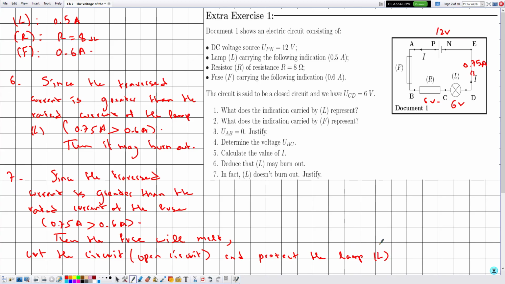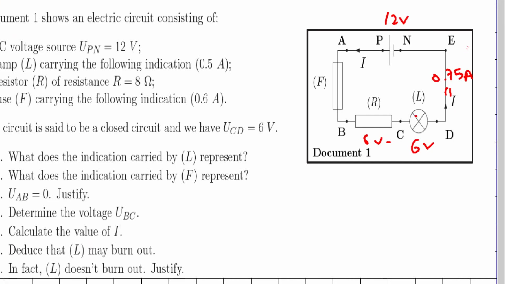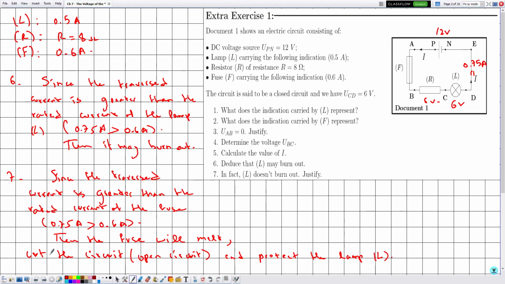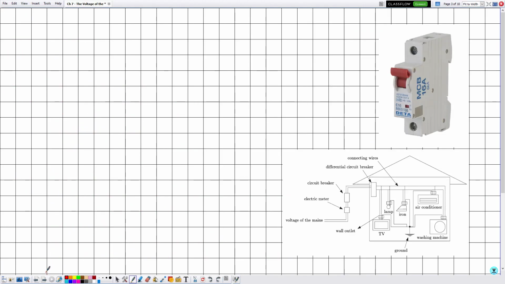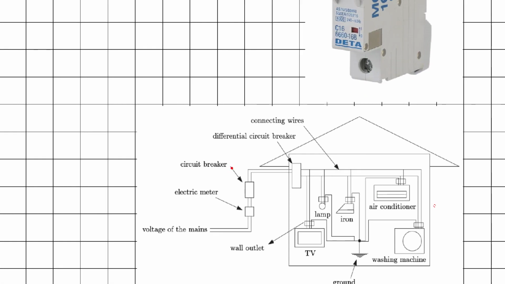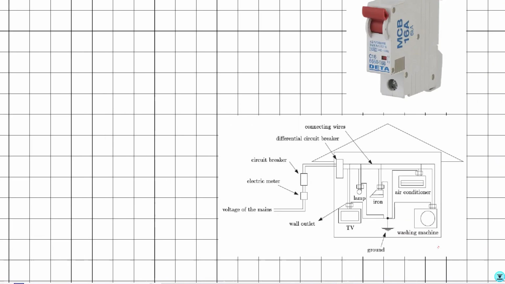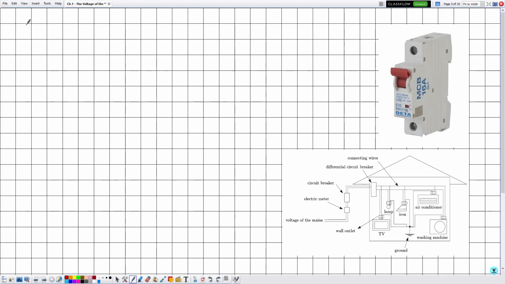Okay, so usually we are supposed to deduce that the lamp will burn out and the exercise ends at that point, but now the presence of the fuse protects the lamp from burning out and it will cut the circuit. And now let's move to the other section, which is section number 6, the circuit breaker. Previously we mentioned the circuit breaker in this document, if you remember, in part 1.